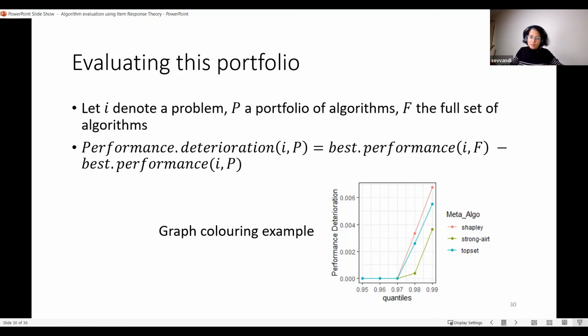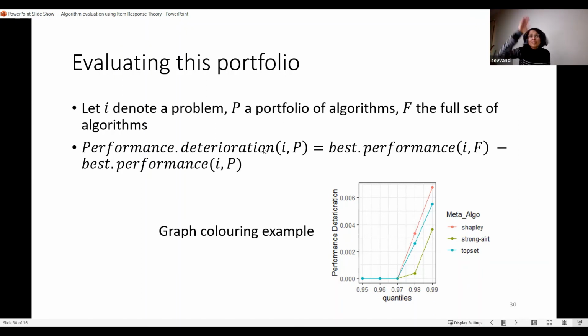So if you use all the algorithms, what's the best performance for that particular graph coloring problem? But if you use that subset of algorithms, what's the best performance? And the difference is the performance loss, kind of. So that's the performance deterioration.